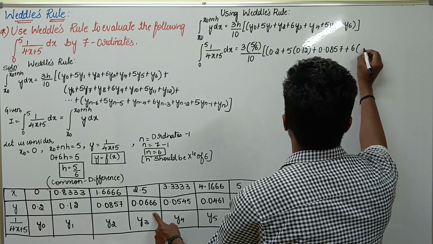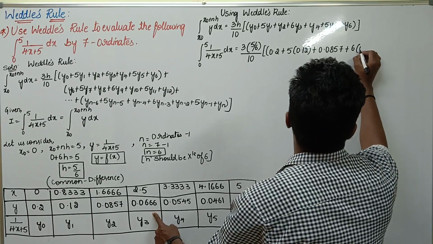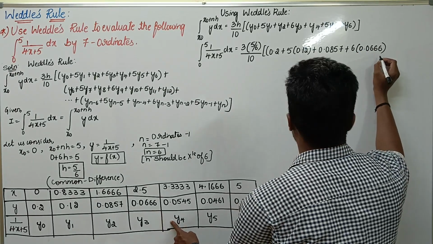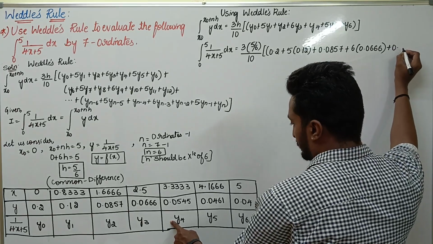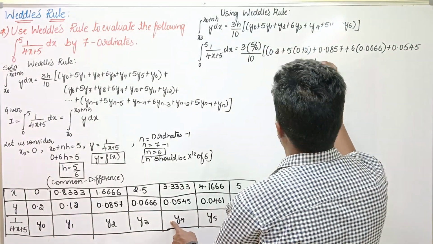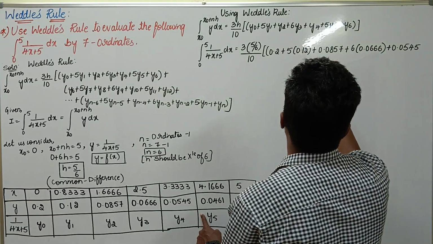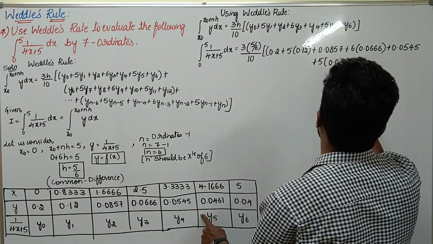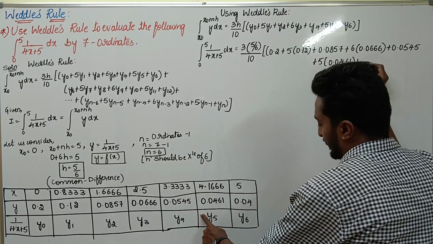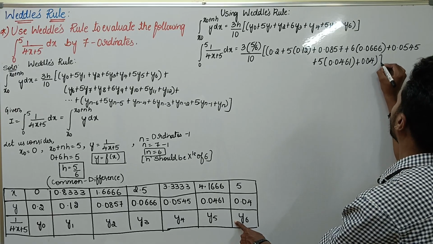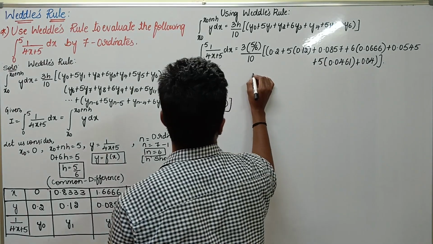What is y3? 0.0666 plus y4, 0.0545 plus 5 into y5, 0.0461 plus y6, we have 0.04. Close the double bracket and let us represent the solution.